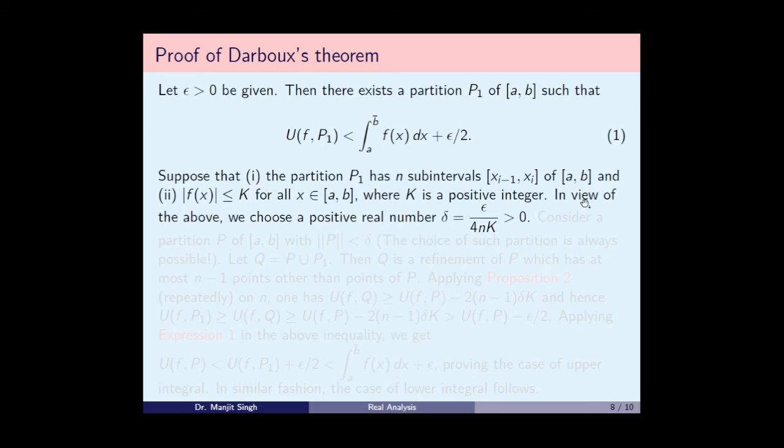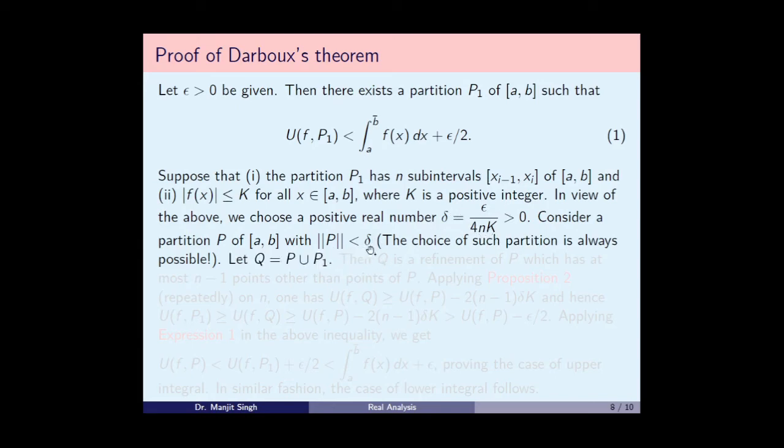So now we choose delta that will work for our partition P, and after defining this delta, it is always possible to choose a partition P whose norm is less than the given number. So this is less than delta.